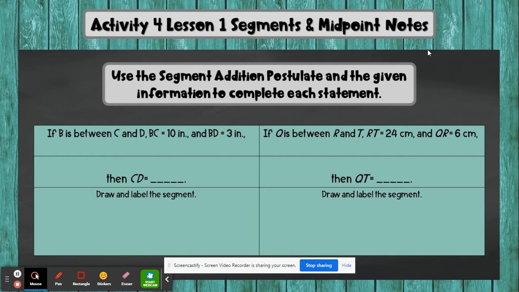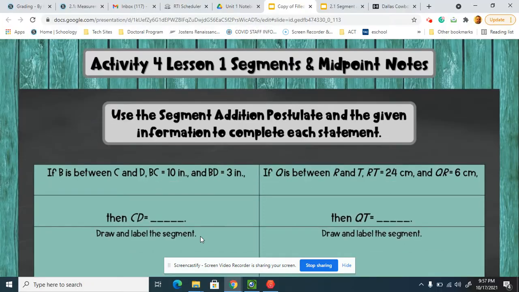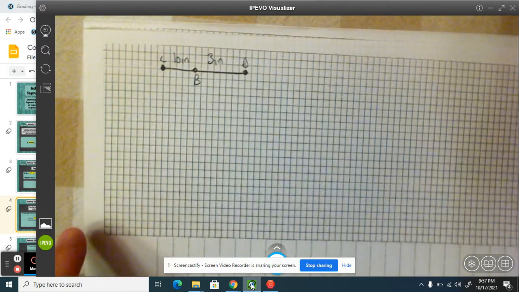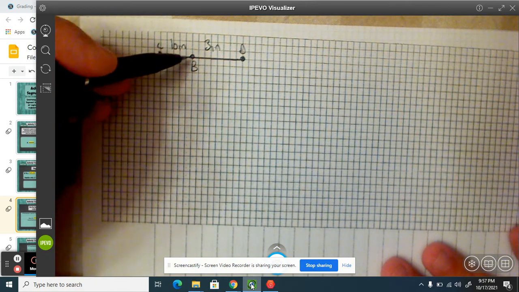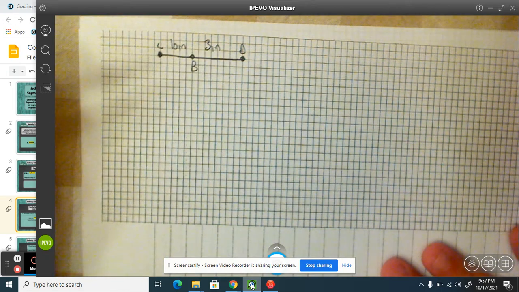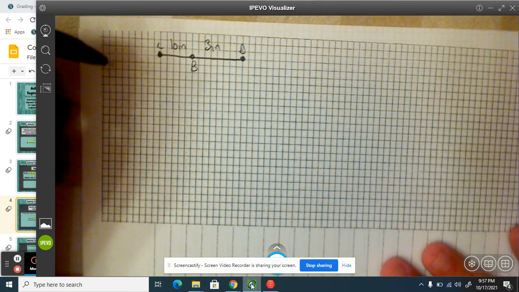So this says if B is between C and D. So you have a line called C and D with endpoints. So this is a line segment, and B is somewhere in between. It doesn't matter where. BC is 10 inches and BD is 3 inches, then what is CD? So basically I've drawn a line, and you can pause this video for a second, but B is between C and D. So that's how you're going to draw it every single time.